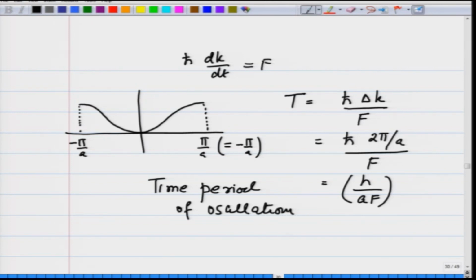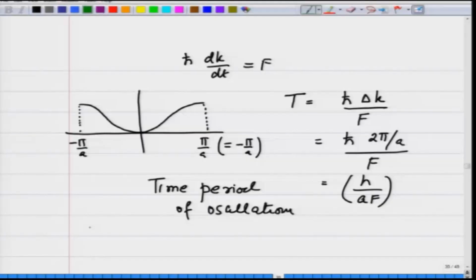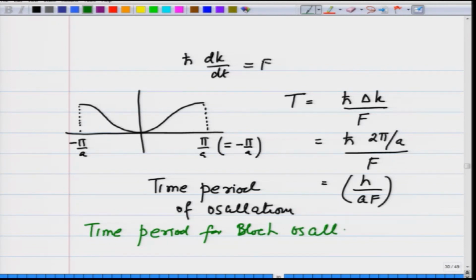It is in this time that it will complete an oscillation. It will go to some x maximum, come back to its original position, and this is the time period we have calculated. So, the time period is h, the Planck's constant, divided by the lattice spacing a f.